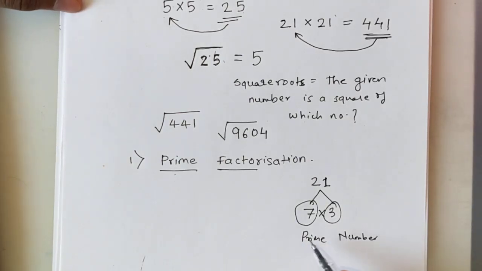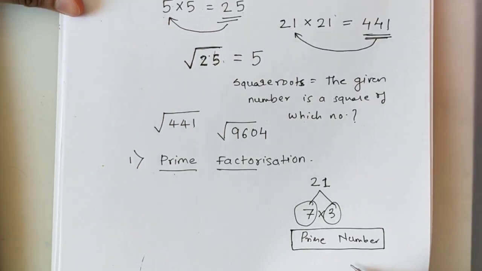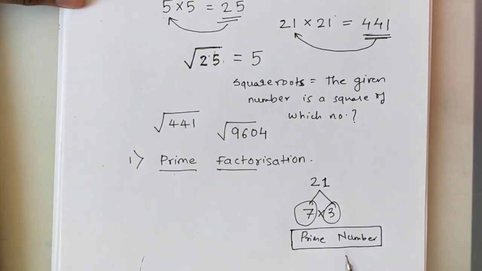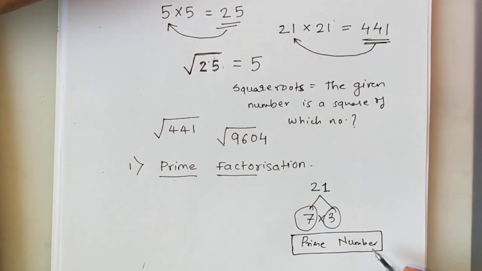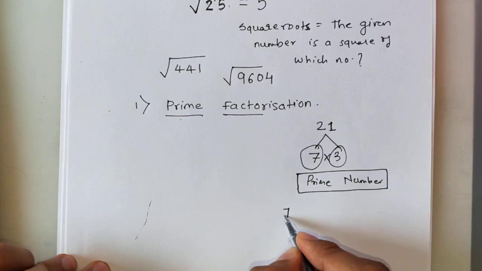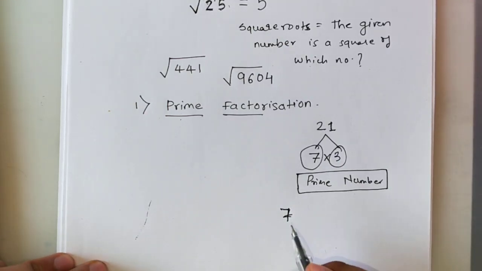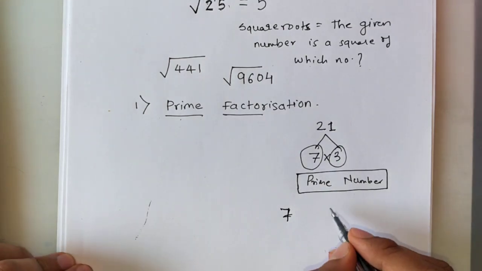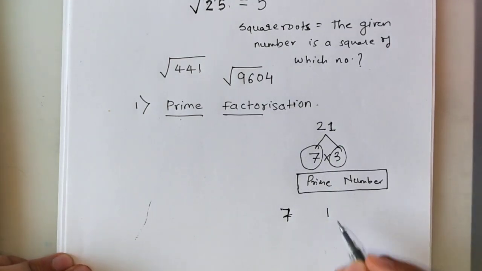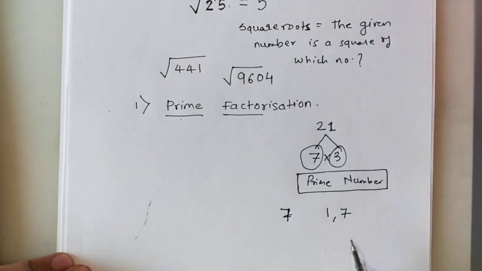What are prime numbers? Prime numbers are numbers which have only two factors. Let's say 7 is a prime number, which means 7 comes in the table of only two numbers. First is 1: 7 is divisible by 1 and 7 is divisible by 7 itself.